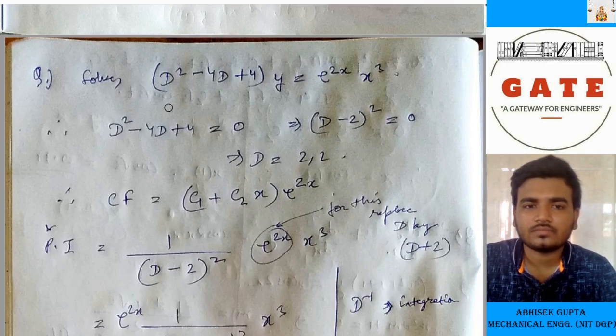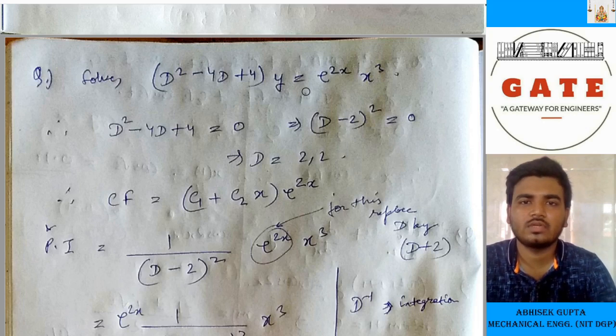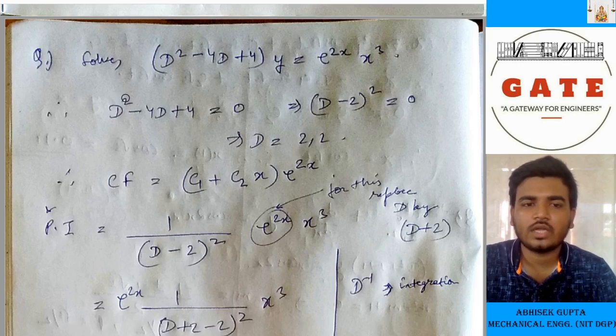So next question, D square minus 4D plus 4 y equal to e power 2x into x cube. So again here find D, it is 2 comma 2, that are equal roots. So CF will be c1 plus c2 x e power 2x. We got the CF.